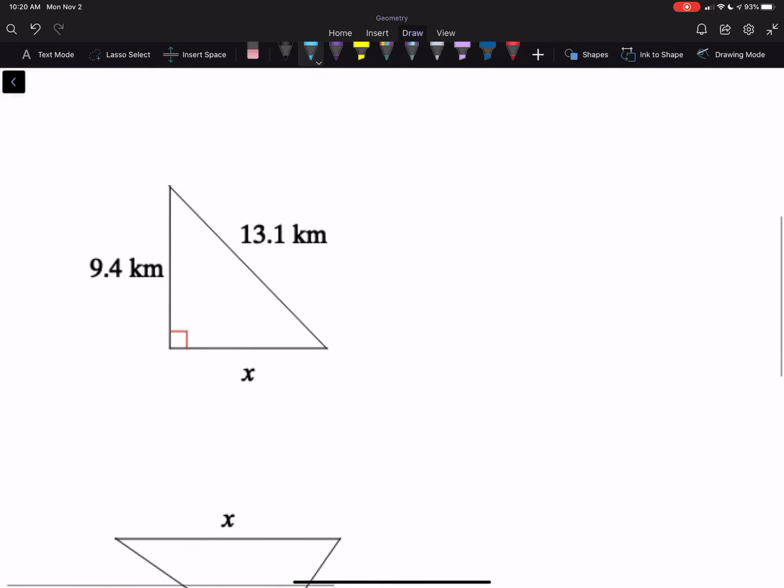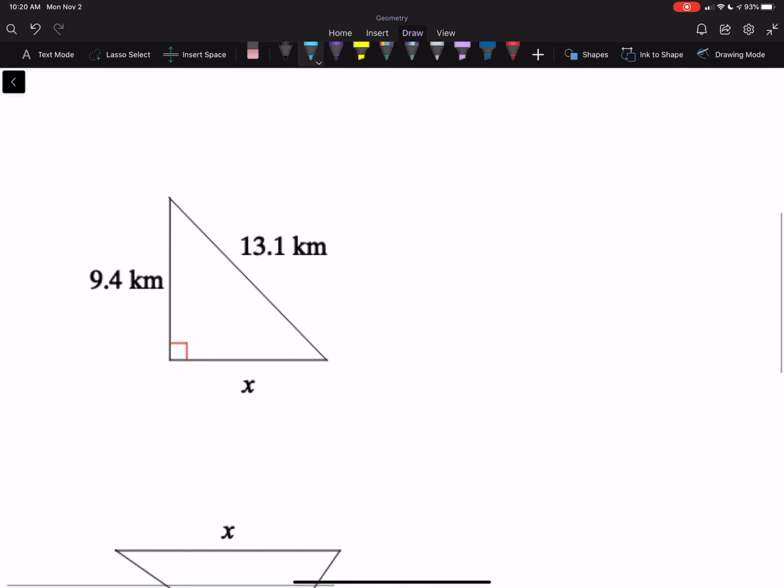All right, so here's our first example problem. One thing we need to point out is that this is the hypotenuse, so this is side C. It doesn't really matter which is A and B. So this one is going to be 9.4 squared plus x squared equals 13.1 squared.